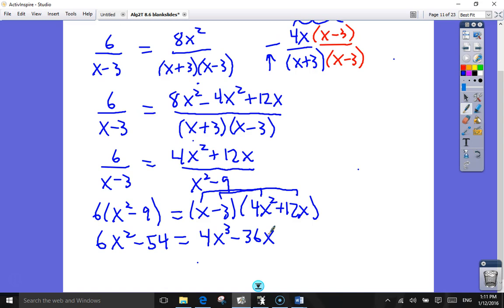I guess. Okay, let's try this. So we need to get everything on one side. Now this seems like 0 equals 4x to the third minus 6x squared minus 36x, and, okay, plus 54.